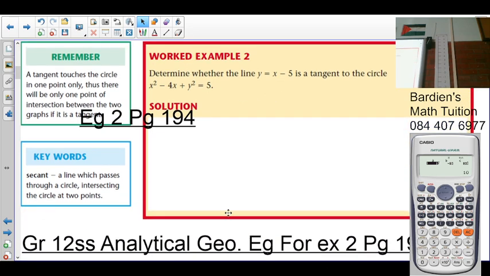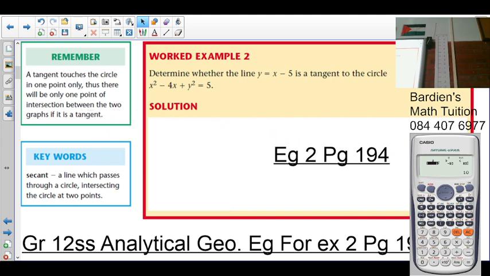This is for exercise 2 on page 196. Here we are told in worked example 2: determine whether the line y equals x minus 5 is a tangent to the circle x squared minus 4x plus y squared equals 5. This example is on page 194.